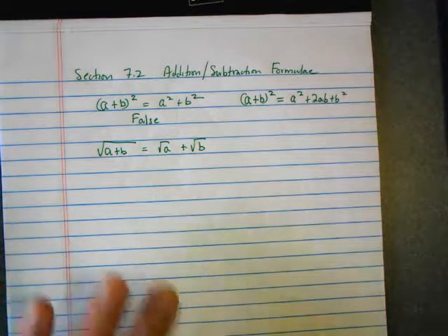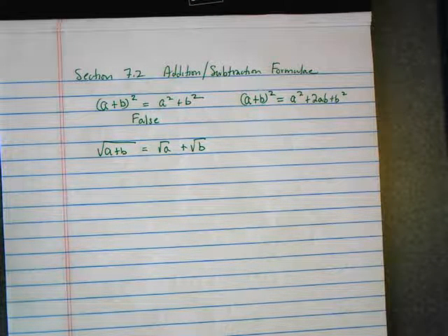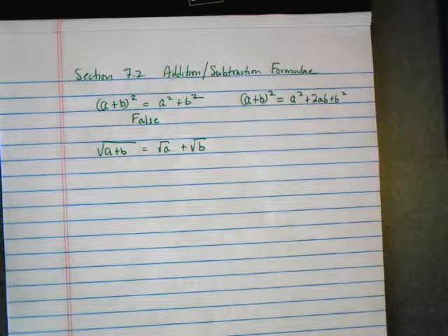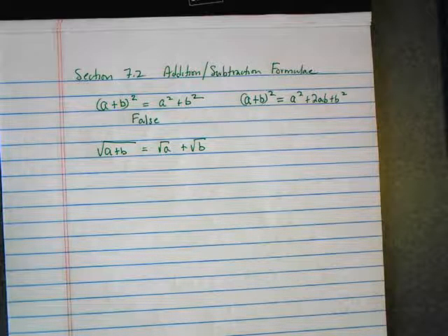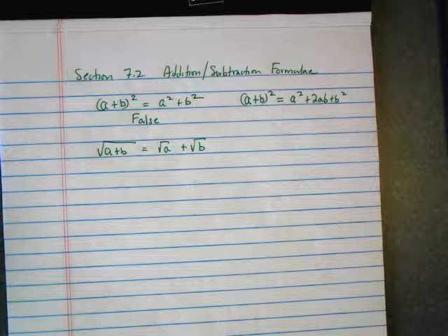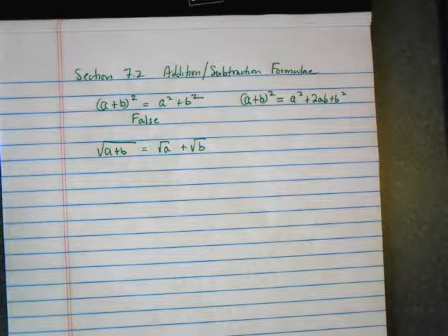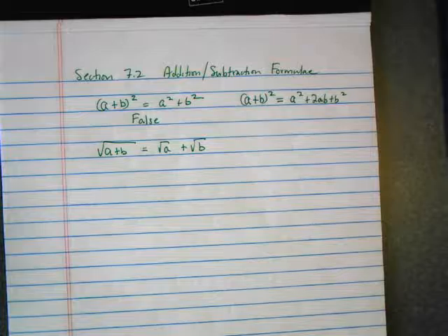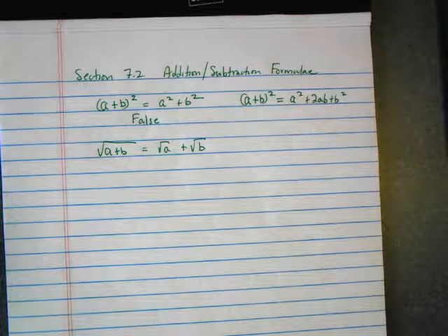Square root of (A plus B) equals square root of A plus square root of B. True or false? True. True? Yes. False? Just to be different? All right. Tell me two numbers that you like for A and B. Pick two of your favorite numbers. 1 and 2.